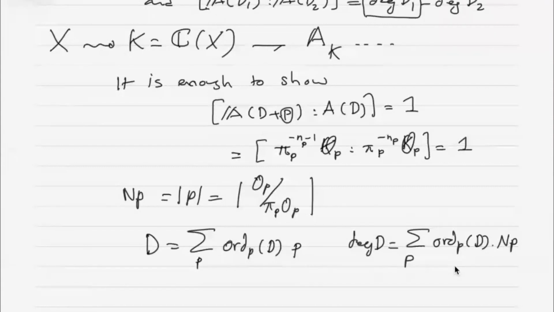Not N of P, it's F of P. So there are two numbers, the ramification index and the residue index, and this is called the residue index.